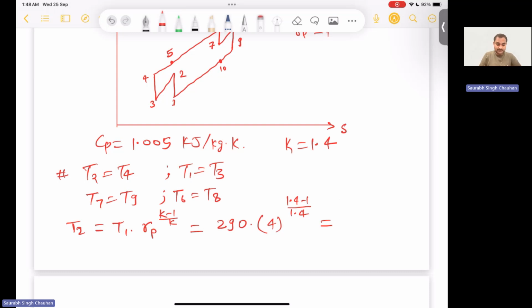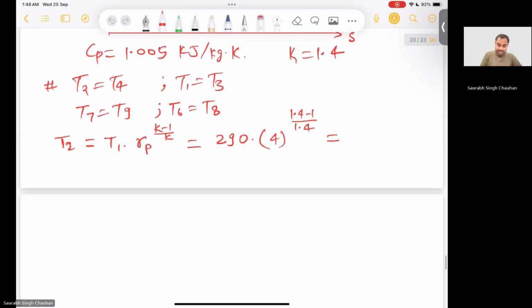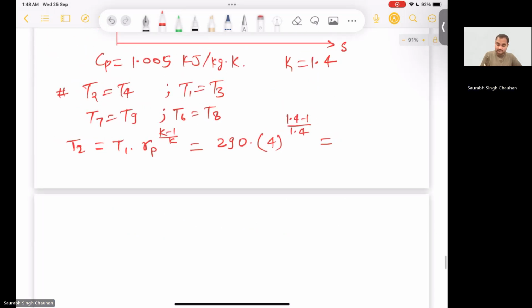You please check all these values after doing your own calculation and let me know if there is any mistake. So T2 is coming out to be 430.9 Kelvin.